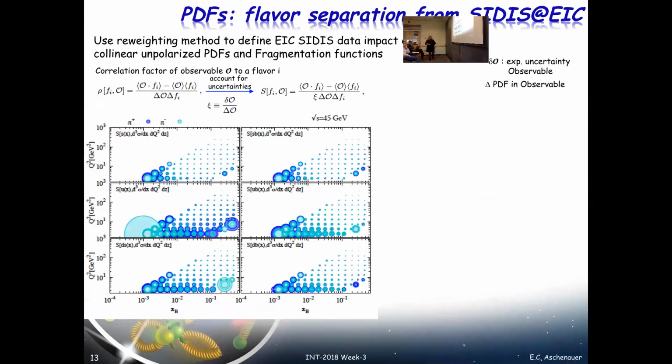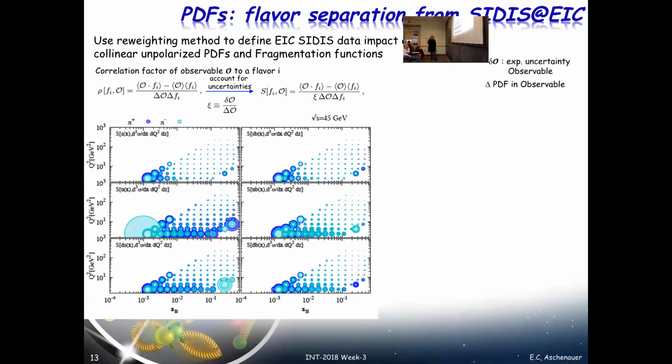We follow basically the NNPDF method, and we have many replicas, thousands and more. If you want to do this high precision reweighting, you need a large set of replicas because you will have very small uncertainties and you can get funny results if you don't have enough of them.